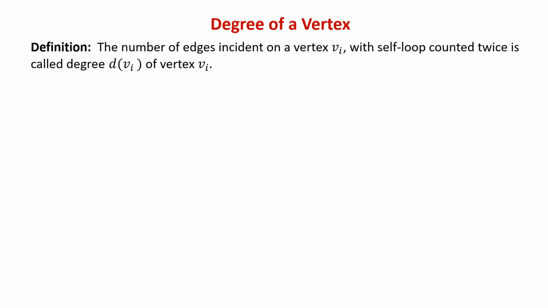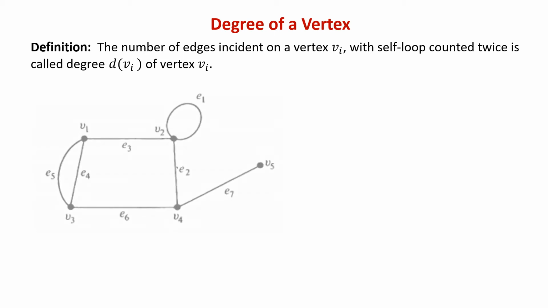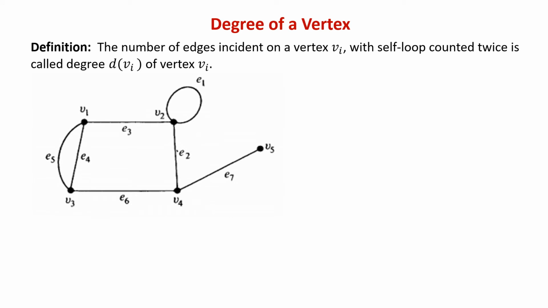Definition of the degree of a vertex. The number of edges incident on a vertex Vi, with a self-loop counted twice, is called the degree of vertex Vi, denoted by d of Vi. Now here is a graph with 5 vertices V1, V2, V3, V4 and V5 and 7 edges E1, E2, E3, E4, E5, E6 and E7.